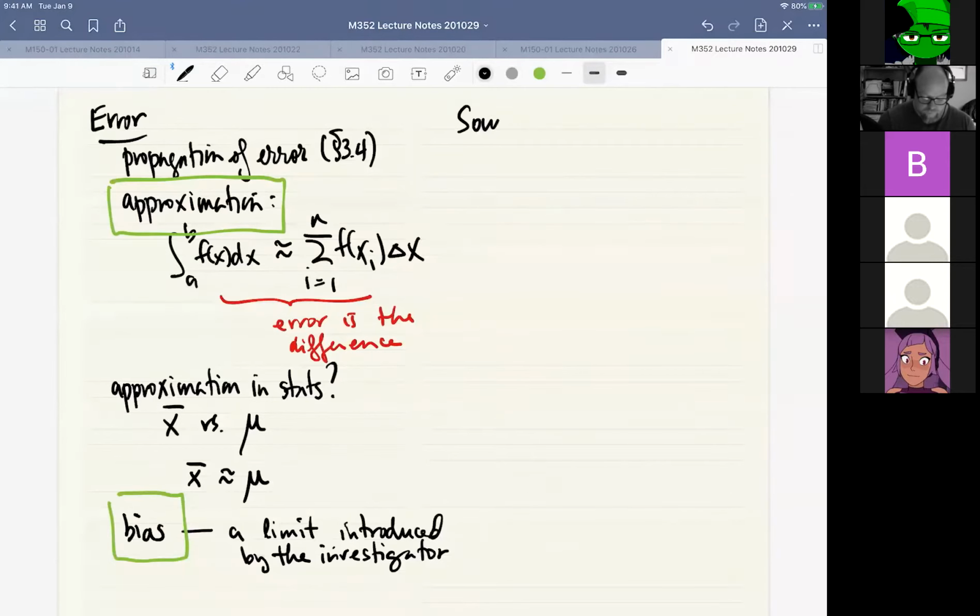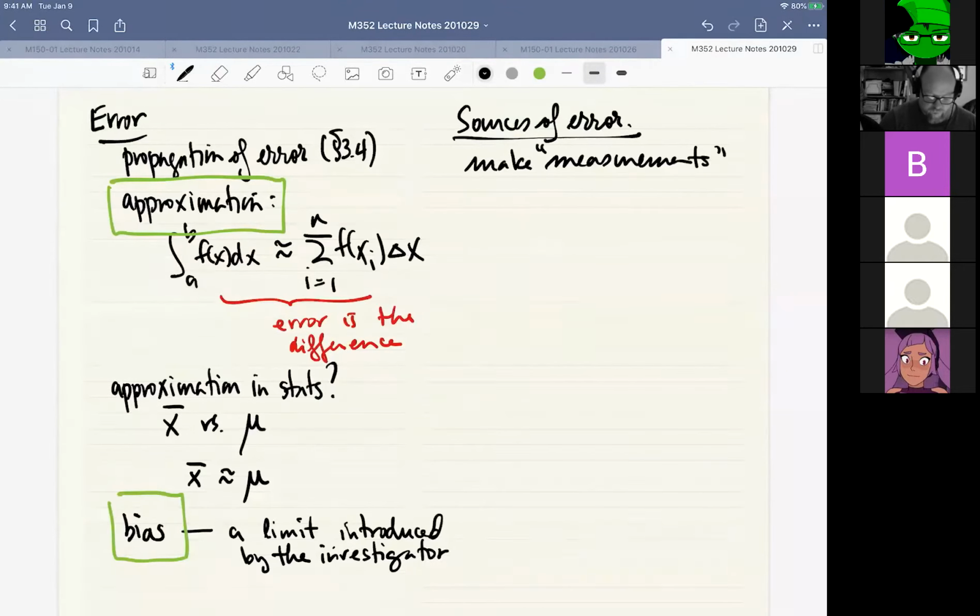So let's talk about sources of error, okay? And bias will be kind of in that picture too. So in statistics, basically what we're doing is coming in and looking at data that was gotten through measurements, okay? And from this point forward, we're going to associate the idea of measurements with random variables.